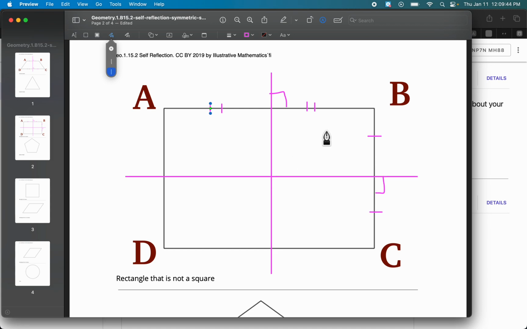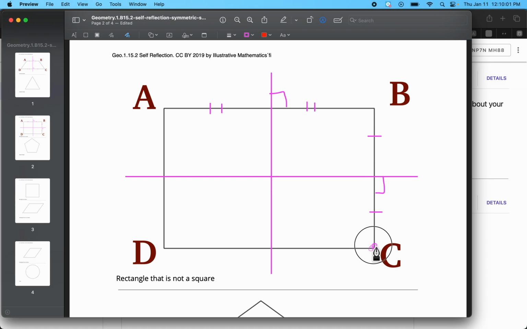One thing to keep in mind is that when we are doing a reflection, when points move, they always move exactly in a right angle to the line of reflection.